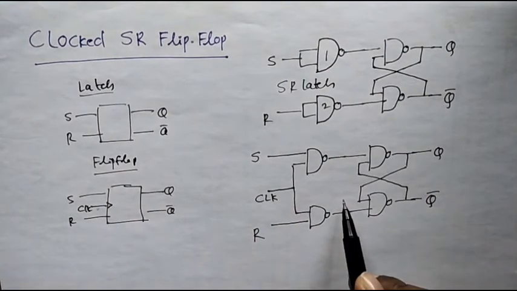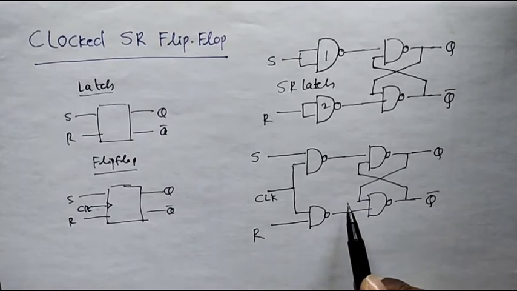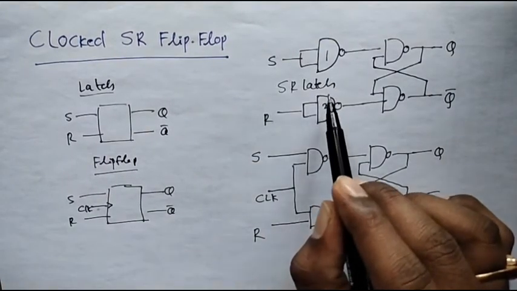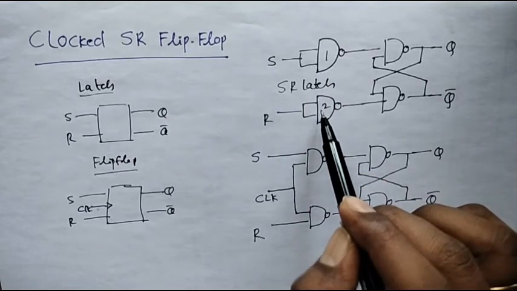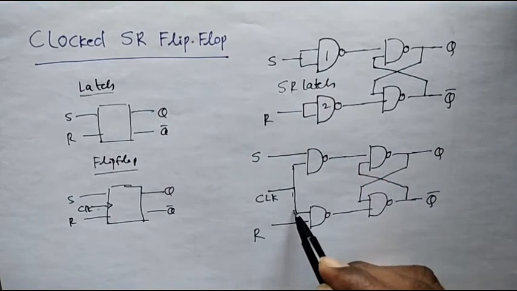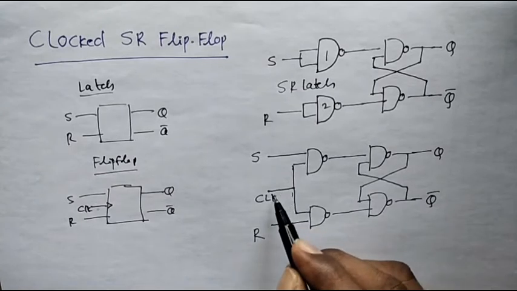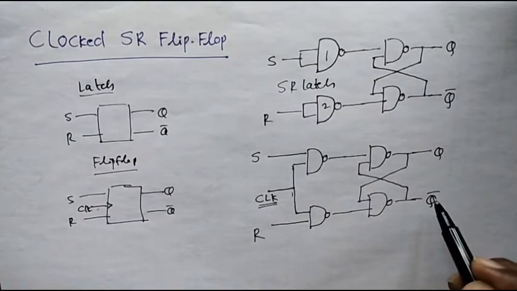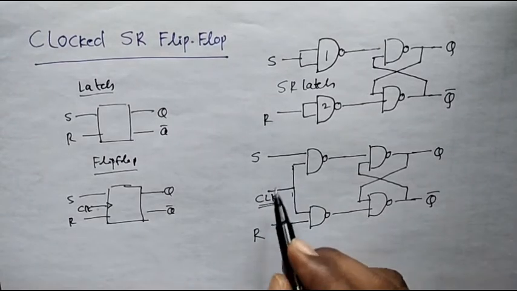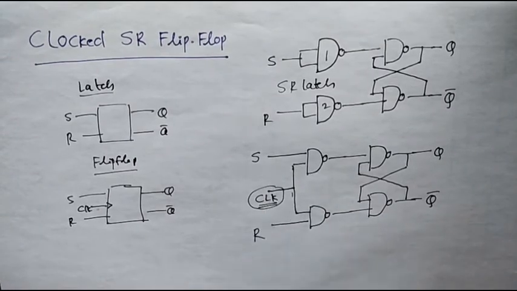So this is the clocked SR flip-flop, which is derived from SR latch, where one input of the first NAND gate and one input of the second NAND gate are shorted like this, and it is given to clock signal. Now the output depends on S and R as well as the new input known as clock input.